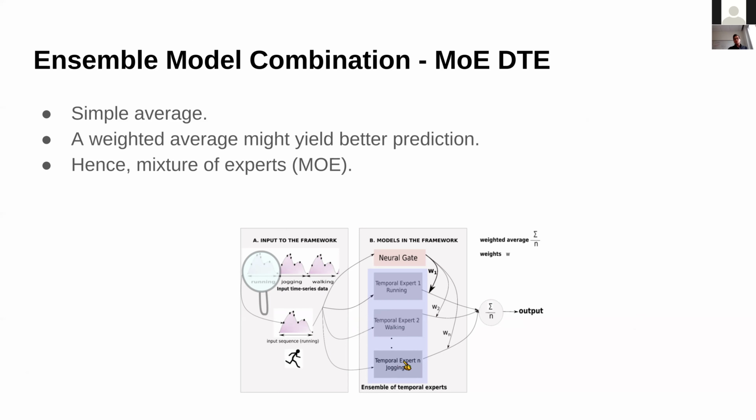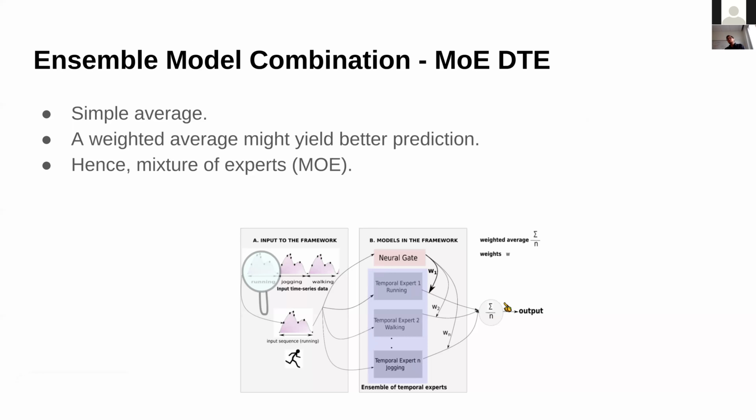To do that, we simply train a neural network that helps us in assigning different weights to each of these models. The neural network will take the same input that is being taken by each of the models, and it will assign certain weights to each of these model outputs.